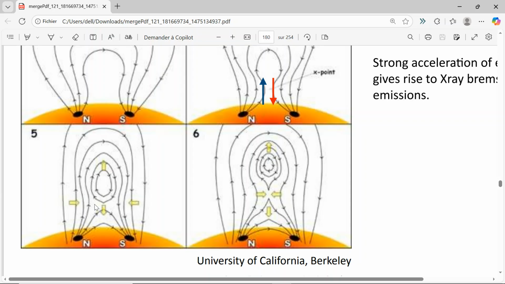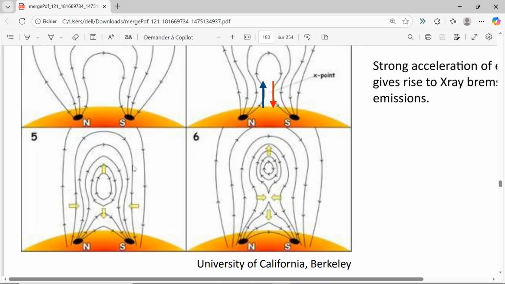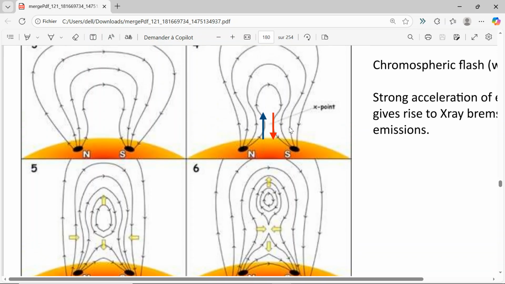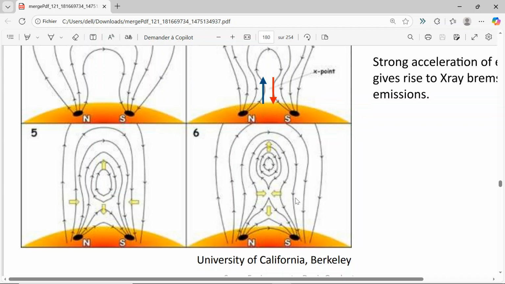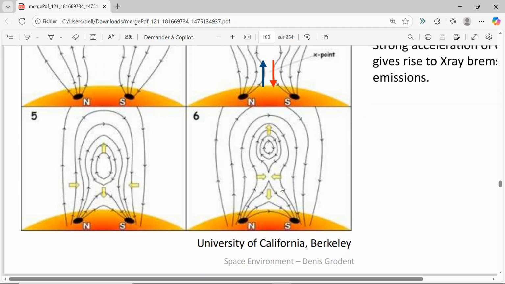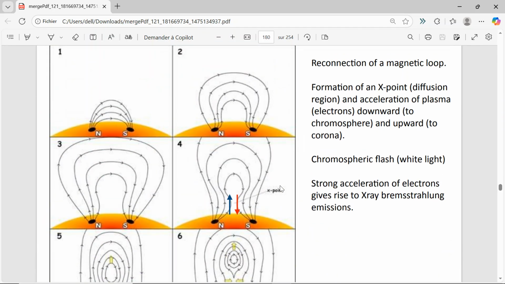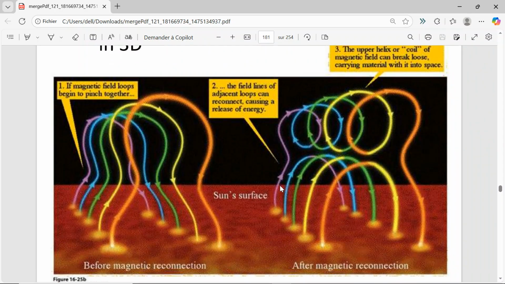The magnetic field and the plasma are very linked. This is the plasma that pushes those magnetic field lines that are opposite, and this will lead to a very huge liberation of energy, eventually leading to a coronal mass ejection for the strongest events.